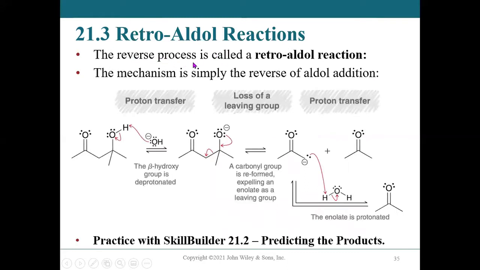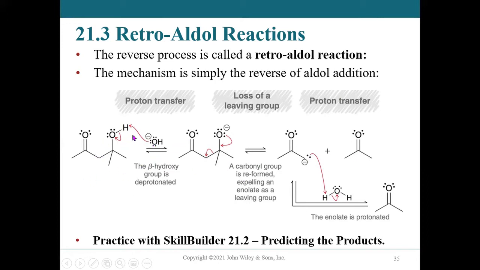The reverse process is called the retro aldol reaction. The mechanism is simply the reverse of the aldol reaction. So we see this product on the last slide, and we can see how this product decomposes to produce the starting acetones.